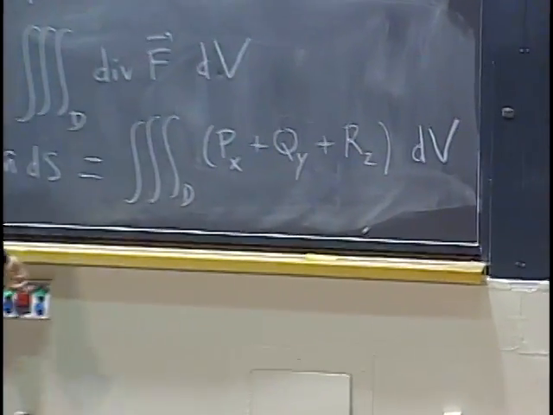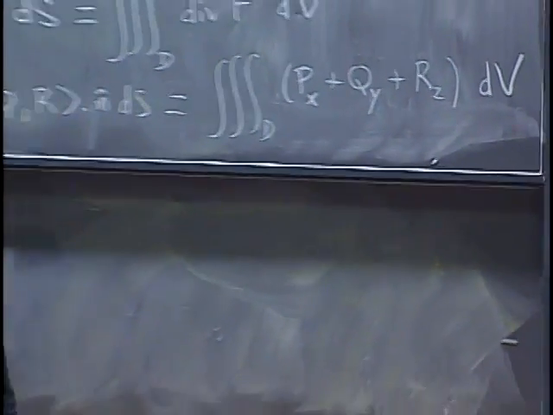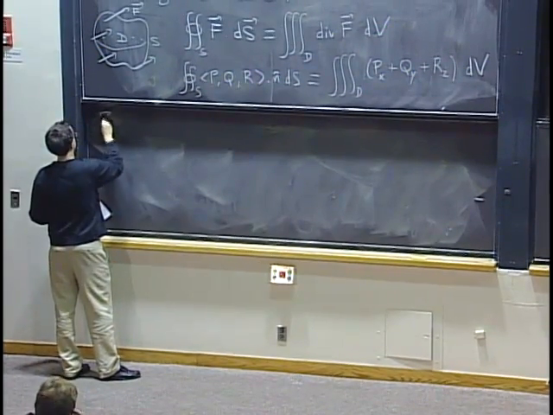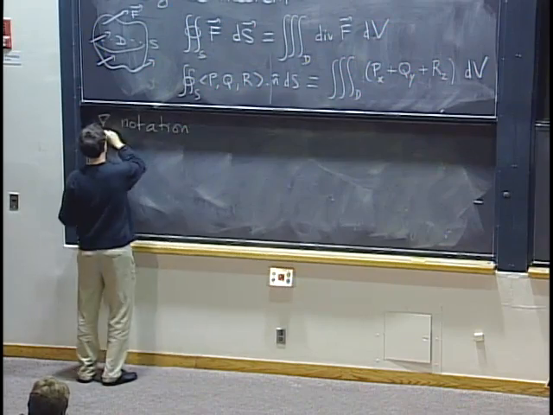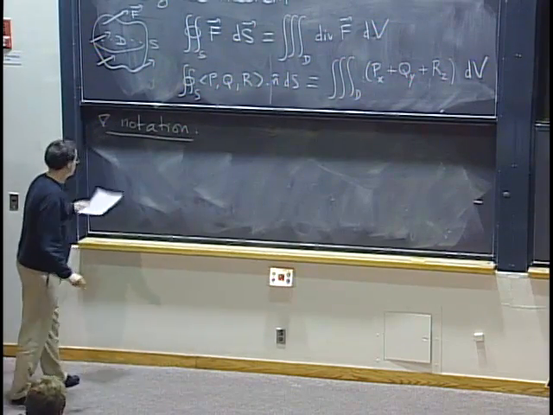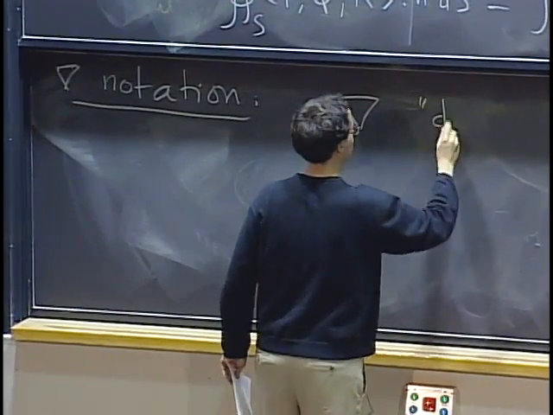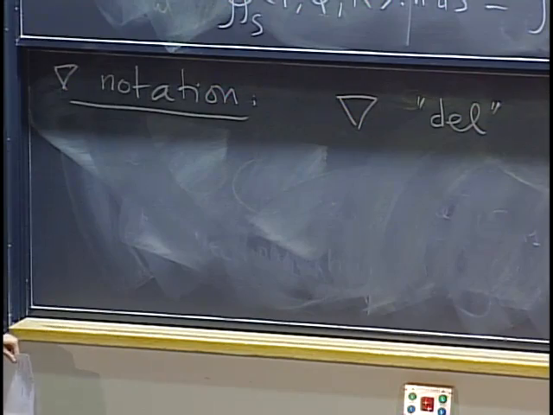By the way, how to remember this formula for divergence and other formulas as well. Let me just tell you quickly about the del notation. This symbol is usually pronounced as del, rather than as a pointed triangle going downwards.